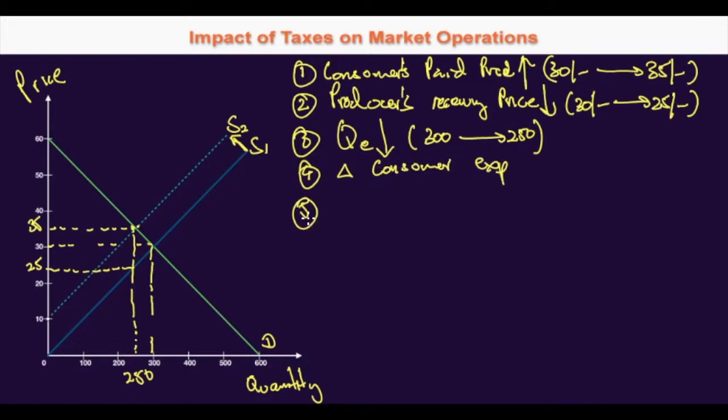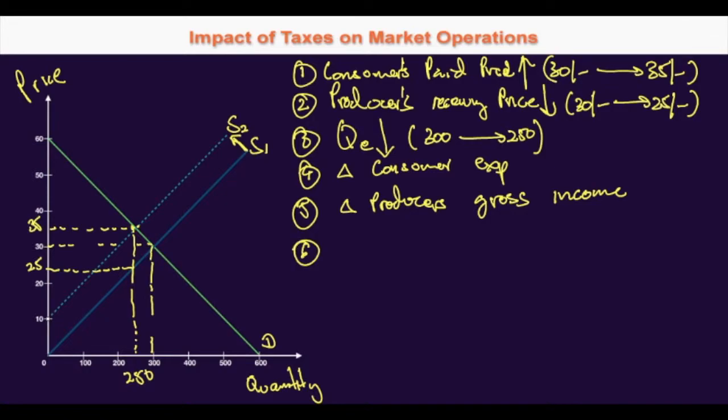And also there is a change in producers' gross income. Before they were getting 30 rupees for 300 units. Now they are getting 35 rupees at 250 units. So there is a change in producers' gross income.